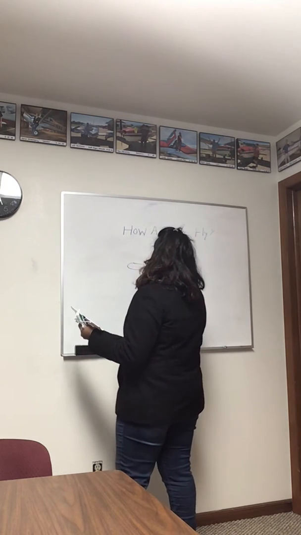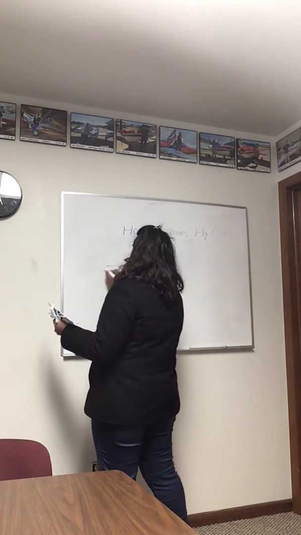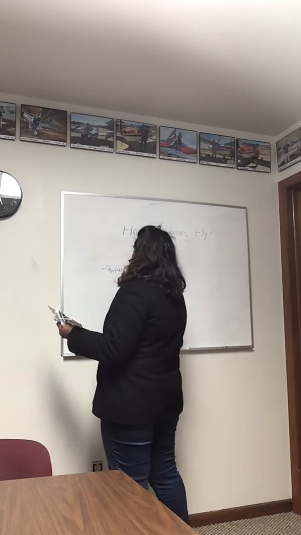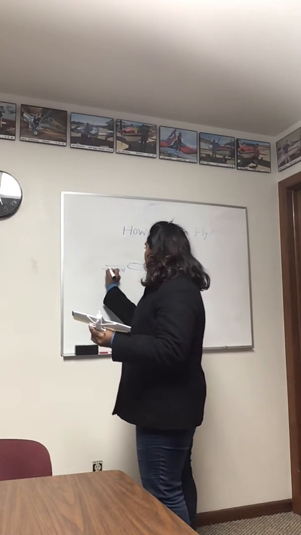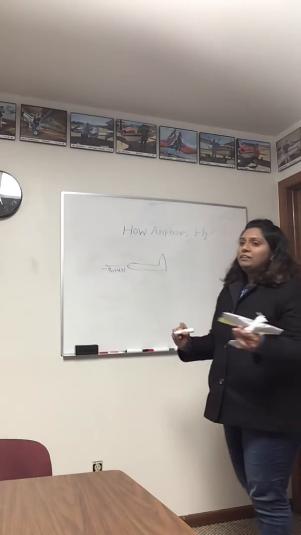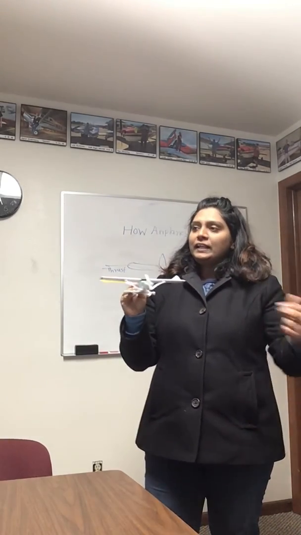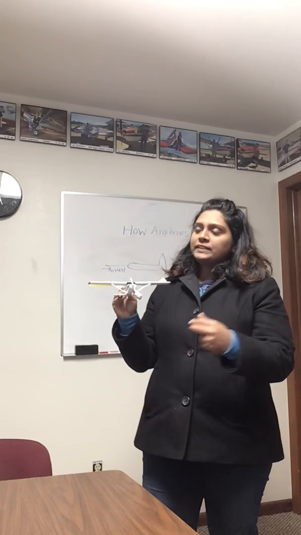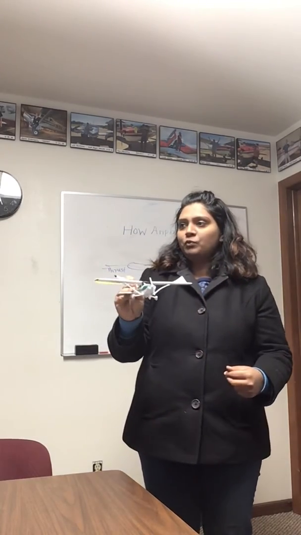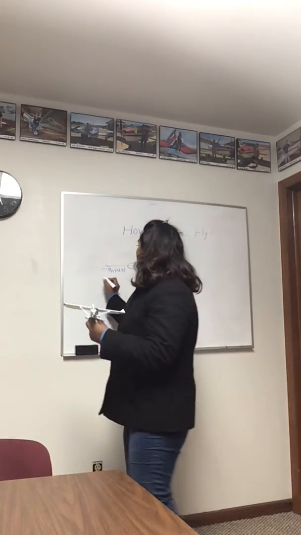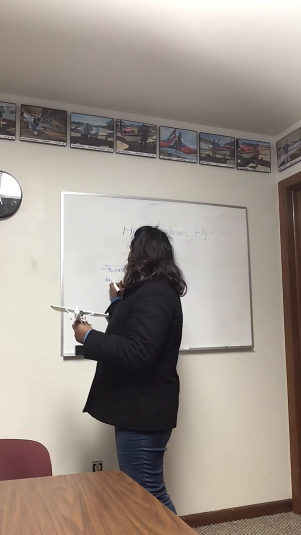I'm sorry I'm bad at drawing, but I'm just going to write this. So thrust is in the forward motion. And when the flight is going forward, the relative wind is always coming opposite to the motion of the flight. So we have relative wind here.